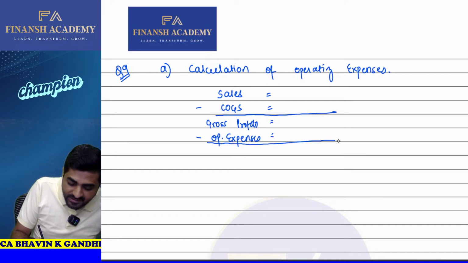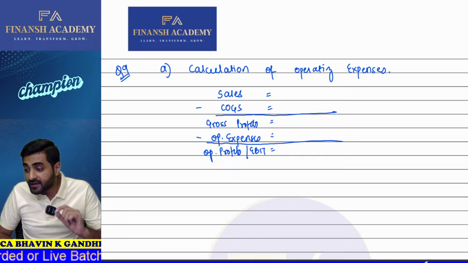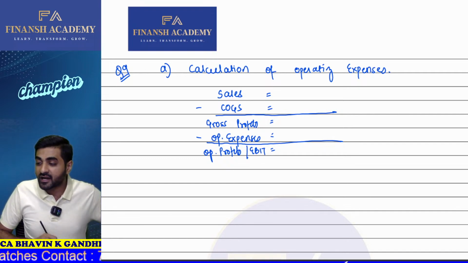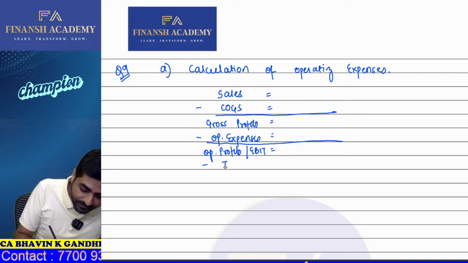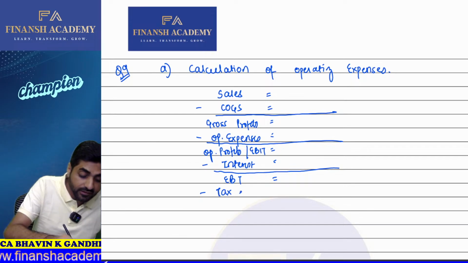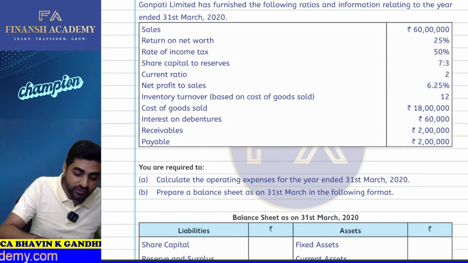And then we'll be getting what is called your operating profits, which is also known as your EBIT. And then guys, from the amount of EBIT, what do we subtract first? We are going to subtract first your interest element. Then we'll be getting your EBT, from which we'll be subtracting your tax. And what is the tax rate which is given to you? The tax rate which is given to you is 50%.